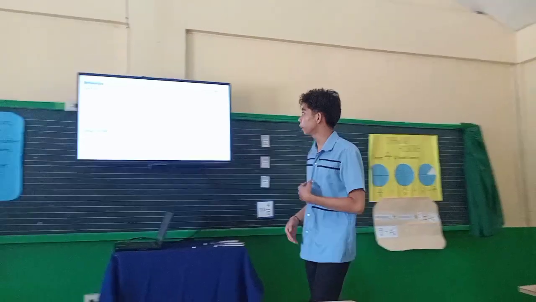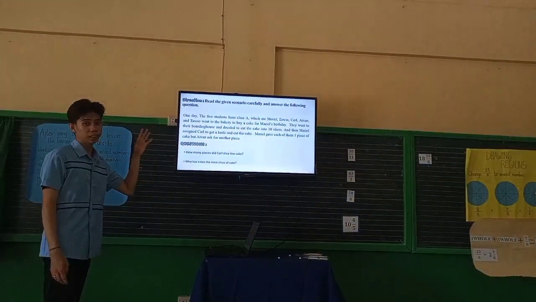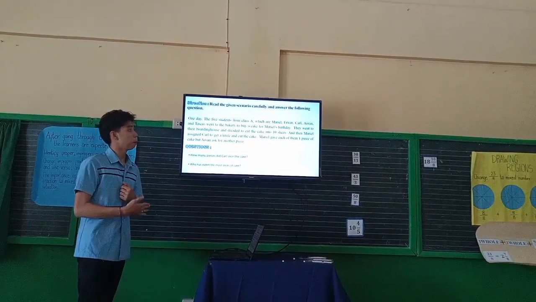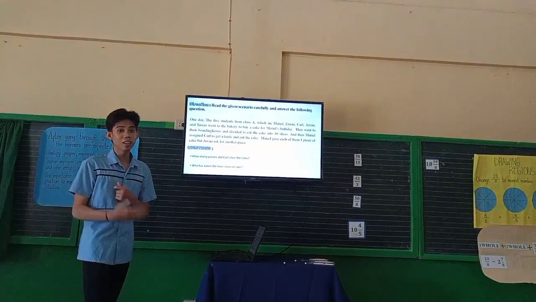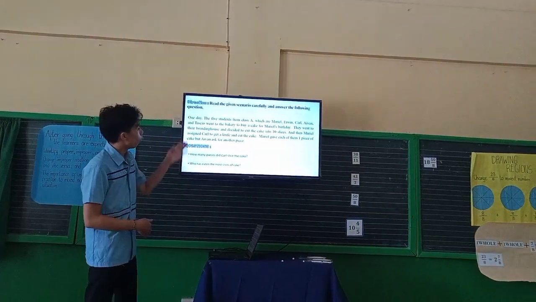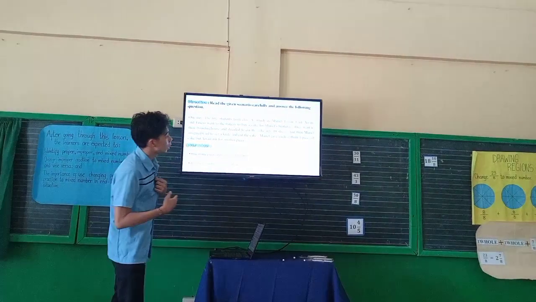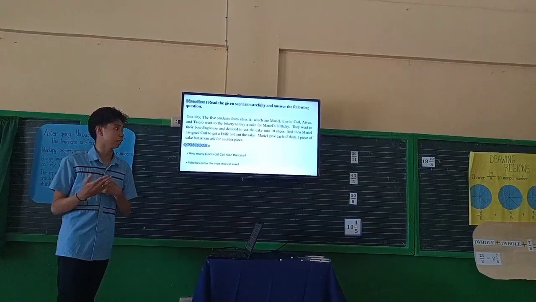This time, class, I have here a scenario. Can we read our scenario all together? One day, the 5 students from class A, which are Mariel, Erwin, Carl, Ivan, and Tasio, went to the bakery to buy a cake for Mariel's birthday. They went to their boarding house and decided to cut the cake into 10 slices.